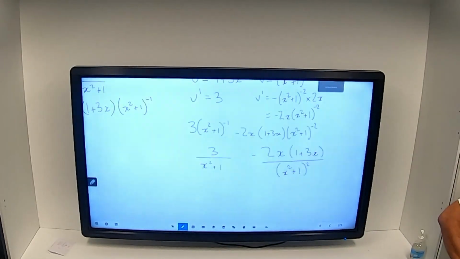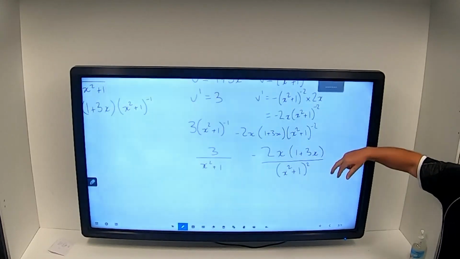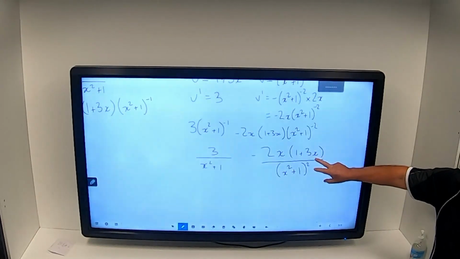So what we have there is, rather than the quotient rule giving us our answer as one single fraction, we've got two fractions. If we do it using the product rule, it's 100% correct, it's the right answer. But now we've got two fractions. So the reason I don't recommend doing this is because there's an extra step that we now need to do.